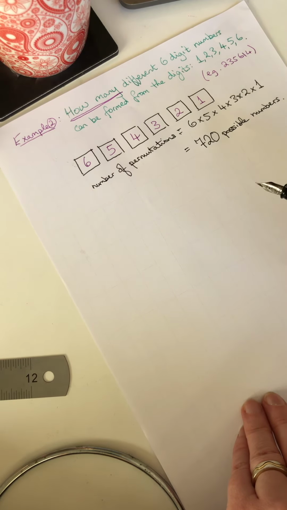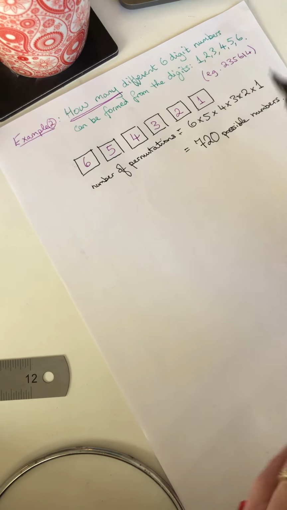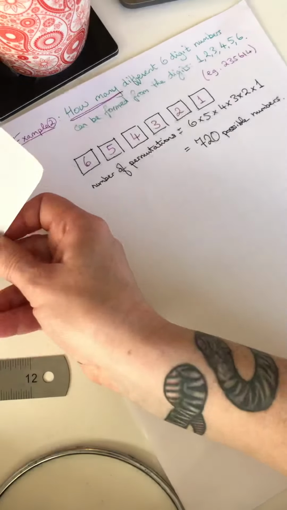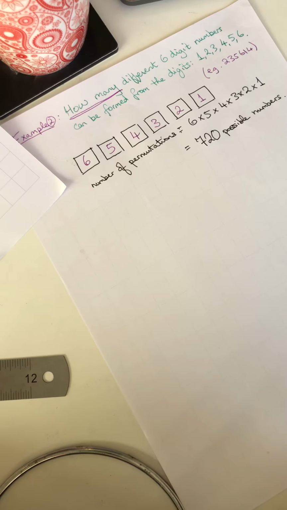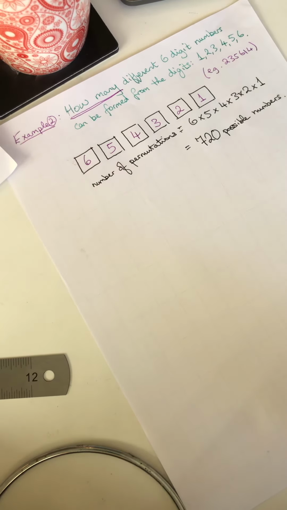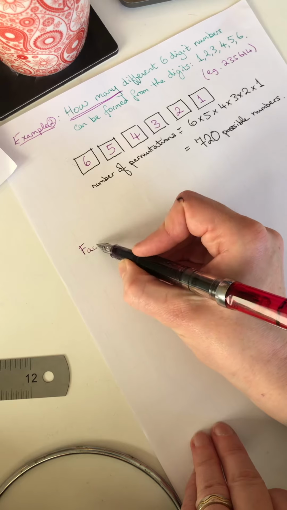Okay, you might be noticing a pattern here. We have 6 by 5 by 4 by 3 by 2 by 1. In the previous one, we had 3 by 2 by 1. So there is a shortcut that we can sometimes use, and I want to talk about factorial notation.